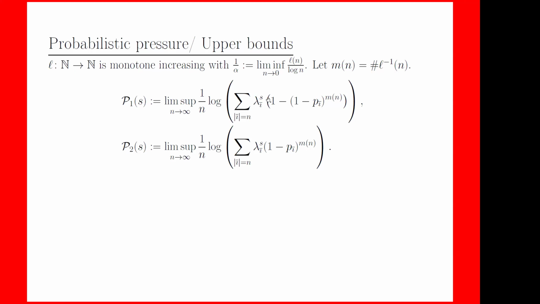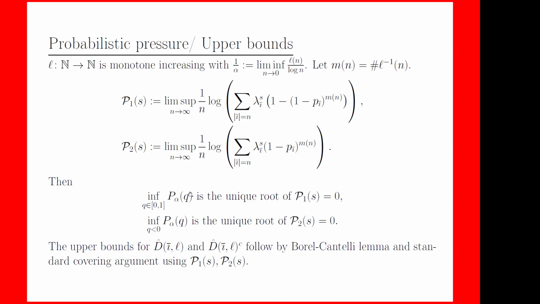If I want to cover the n-length cylinders, this will be the weight of this n-length cylinder in the covering argument for the Hausdorff measure. And what is this other guy? This other guy is, more or less, the probability that the I cylinder doesn't appear. And this is good for covering the complement.